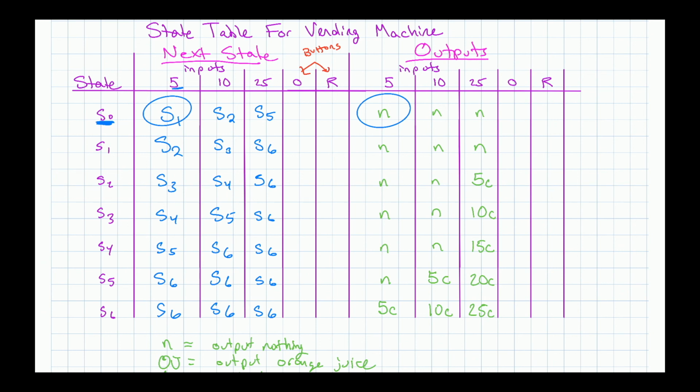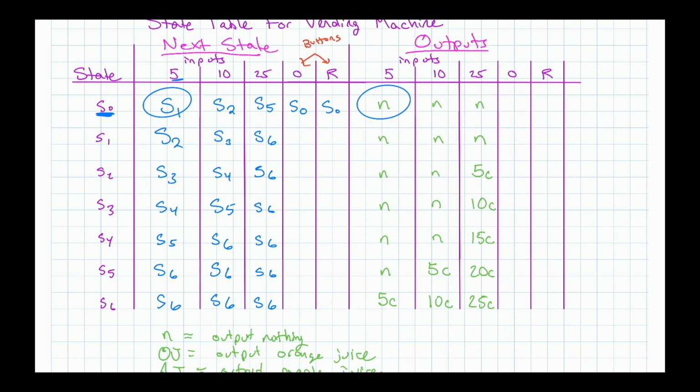Think about it, right? If you have S0 is 0 cents, and you walk up to a machine with 0 cents and you press the button on it, you're still going to have 0 cents, right? Which means there was no state transition. It had 0, it still has 0. Same thing for the red button. Now, if the machine has 5 cents, S1, and you press the button, nothing happens, so we stay in the same state.